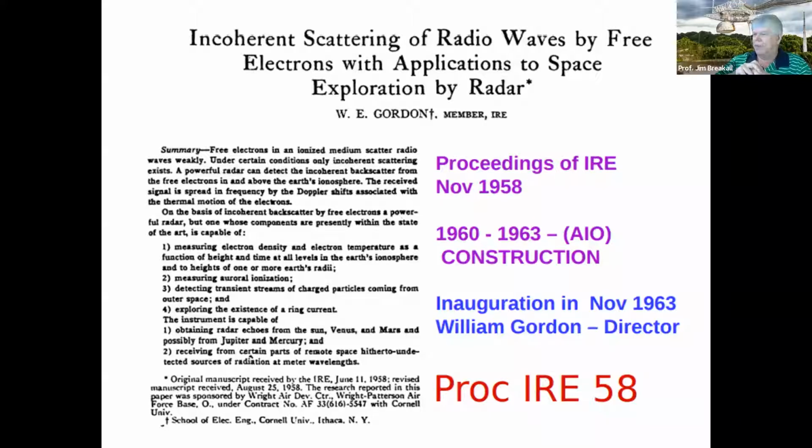So the first idea was to put a parabolic reflector on the Earth and feed the dish with an antenna feed and put power into it and send the beam straight up. And so that would be it. You would just send the beam straight up and get the radar scattering back.